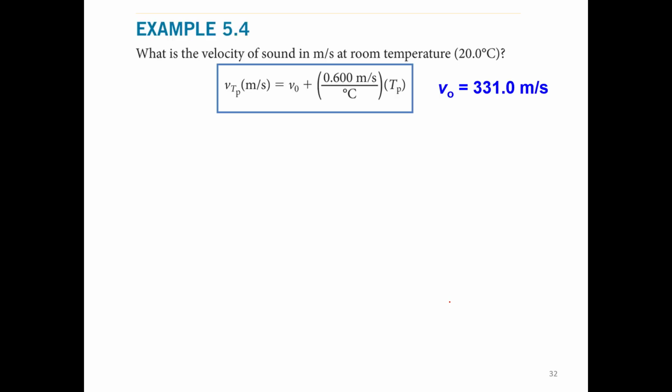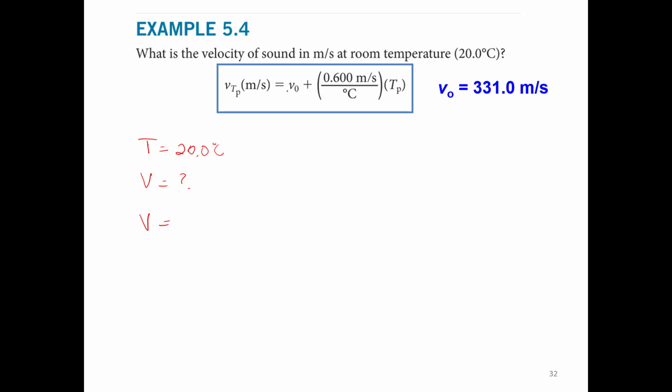Let's now apply this equation. We want to calculate the speed of the sound at room temperature. If the temperature equals 20 Celsius, we want to know the velocity of the sound. What we need to do is write here the equation as the velocity equals, but we know this value.